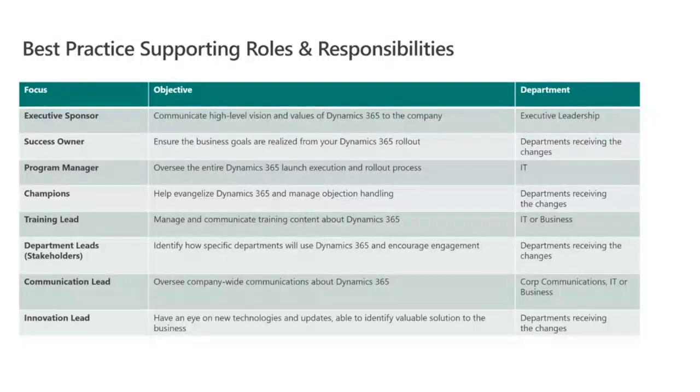I also wanted to highlight one of the most important roles here is innovation lead. Innovation lead is someone within your department that will always have an eye on new technologies and updates that is being rolled out, and able to identify valuable solutions to the business.